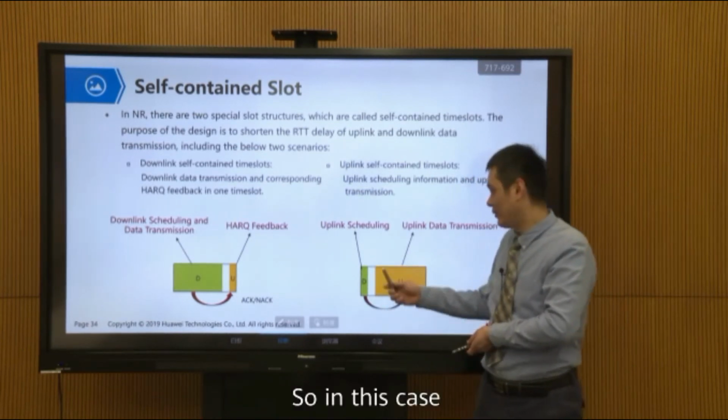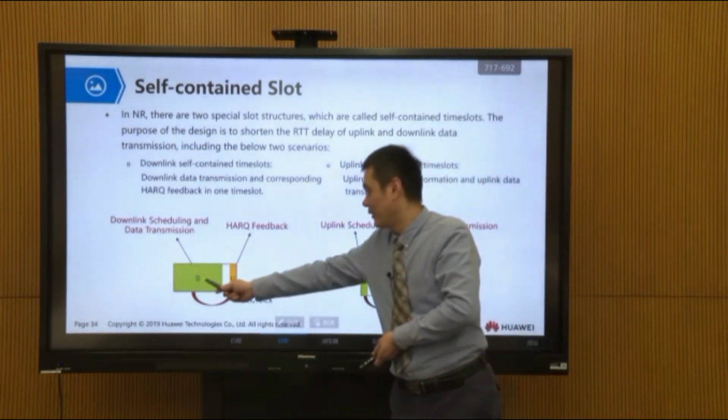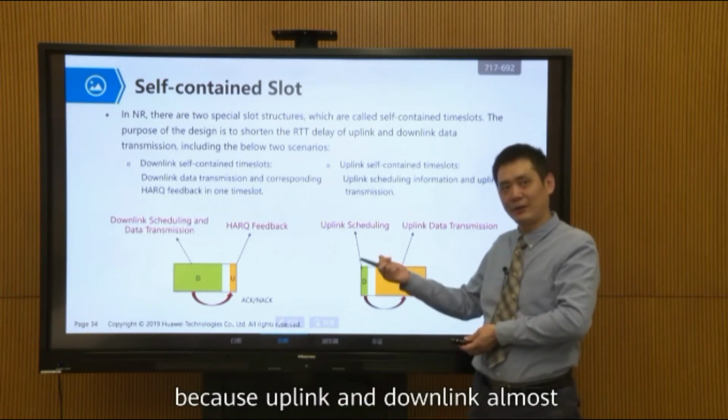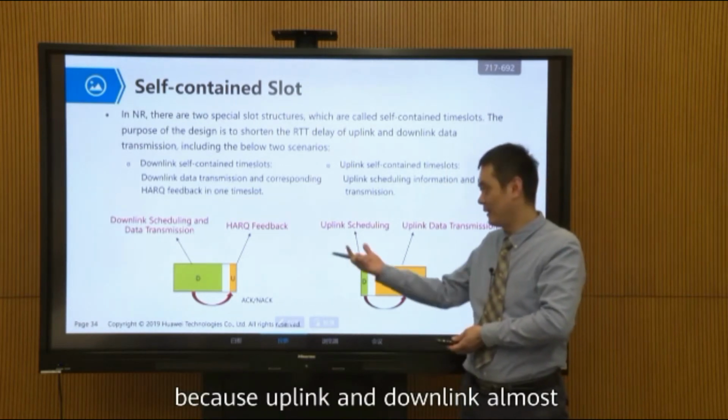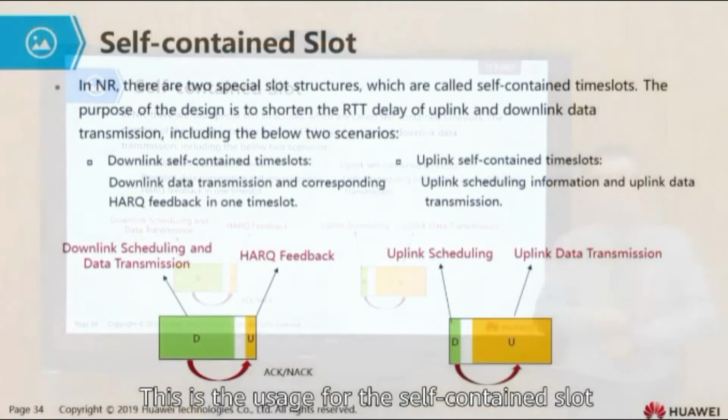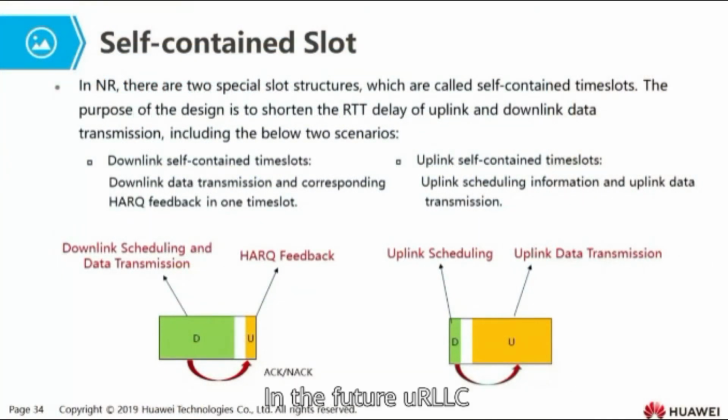So in this case, the response speed can be much faster because uplink and downlink happen almost at the same moment. This is the usage of the self-contained slot. In the future, URLLC will use this.